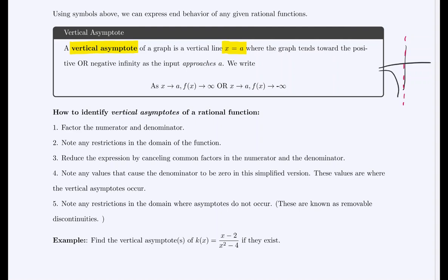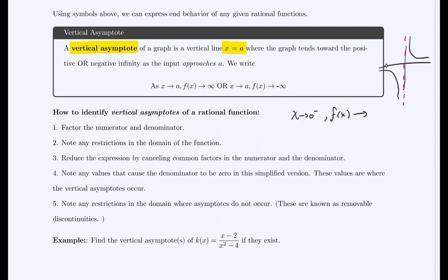For the function 1 over x, it looks something like this. So notice we could say as x approaches 0 from the left, so as we're going to 0 from the left through negative values, what are the output values doing?